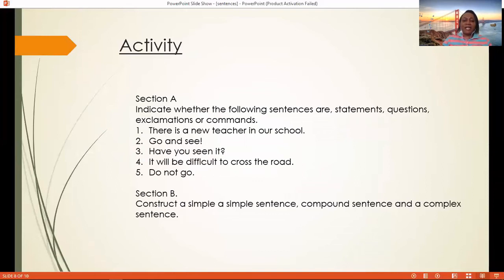Construct a simple sentence, a compound sentence, and a complex sentence. Right, as you construct these, take note of the main features of those sentences and underline them. Take note of those as you do so.